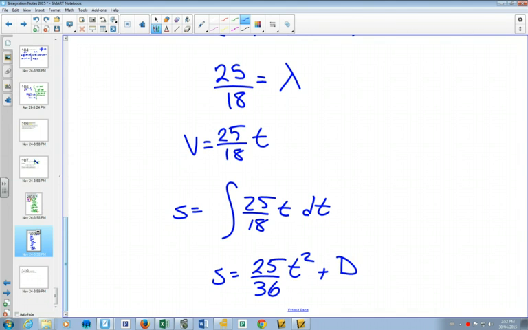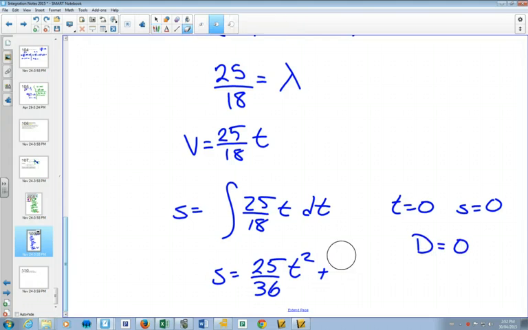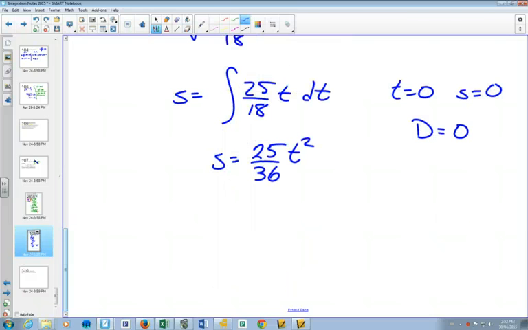Of course, we also know that at time 0 it has not traveled anything as well, right? So that means that our d value would equal 0 as well.